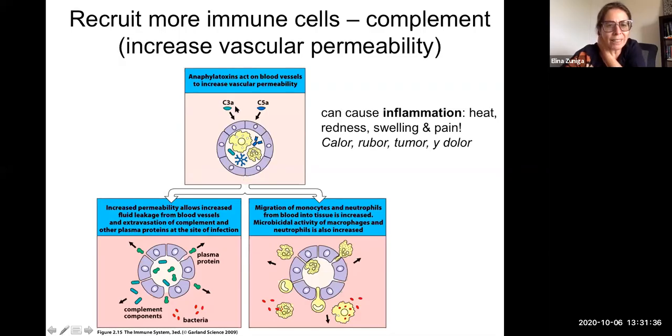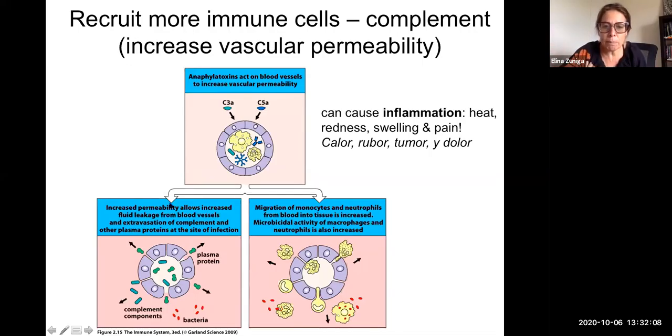And so the C3a and the C5a will dilate these vessels by inducing the weakening of these tight junctions. And so the vessels will become bigger. And this increased permeability now, so the content of the vessels will be able to permeabilize out from the vessels.